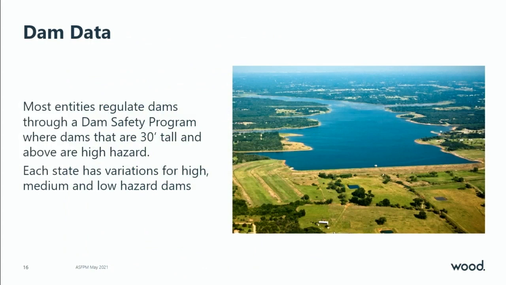Dams can be a major component associated with your hydraulics and flood risk data development. Most all states have a dam safety program where they manage some level of heights of dams, and they can have a little bit of variations in their definitions of high, medium, and low hazard dams.